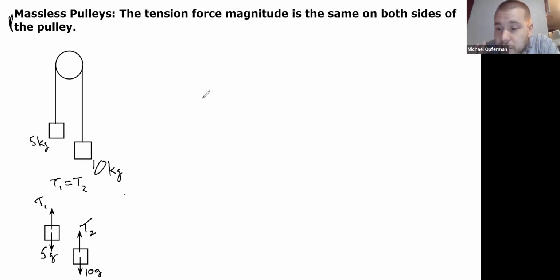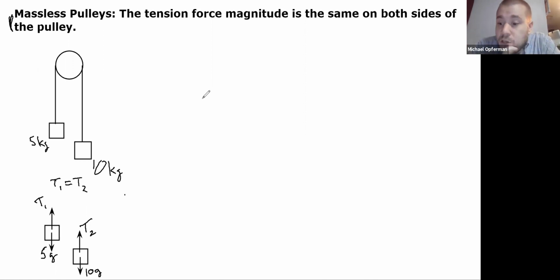The other thing I want to make special mention of is that especially when you have problems with pulleys, you often have blocks moving in different directions, maybe with the same magnitude of acceleration, but not the same direction of acceleration, as in this case. When the blocks rise and fall, they have to rise and fall the same amount because they're connected by this rope. So they have to have the same displacement magnitude, the same velocity magnitude, and the same acceleration magnitude, because their motion is exactly the same other than the fact that one is up and one is down.